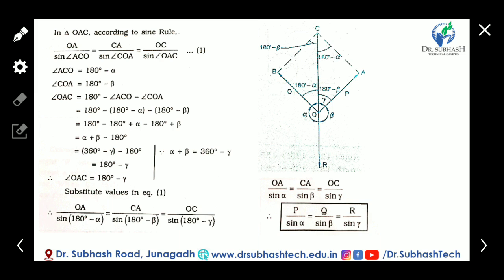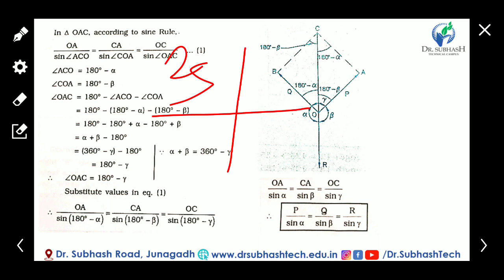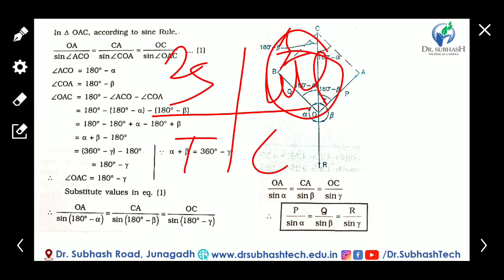In the first quadrant all sin, cos and tan are positive. In the second quadrant sin is positive.